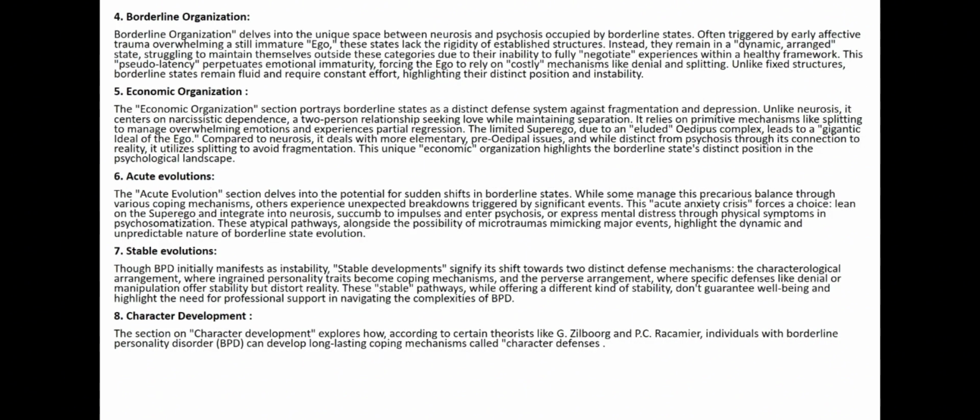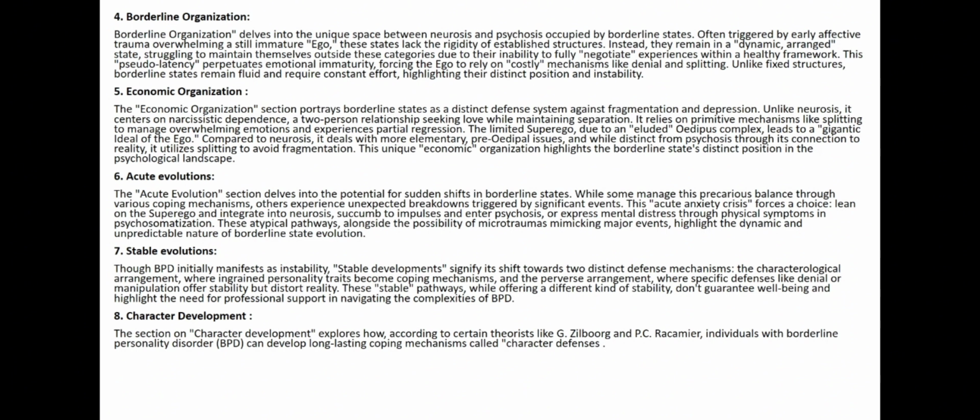Then we continue with the importance of borderline organization, which delves into the unique space between neurosis and psychosis occupied by borderline states. And the economic organization section portrays borderline states as a distinct defense system against fragmentation and depression. Next is the acute evolution section, which delves into the potential for sudden shifts in borderline states.